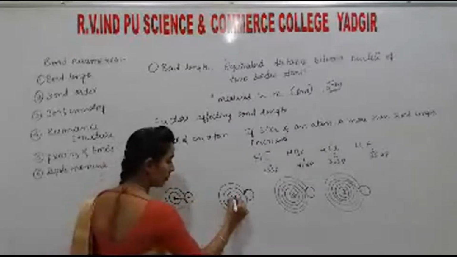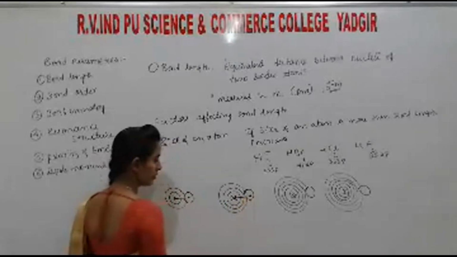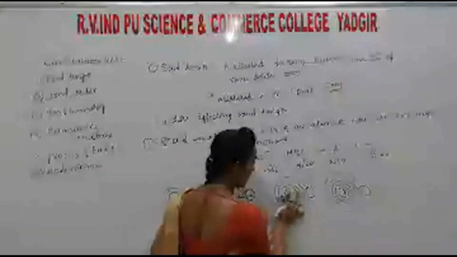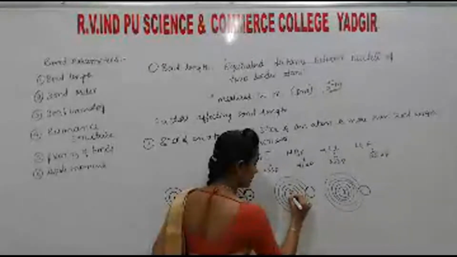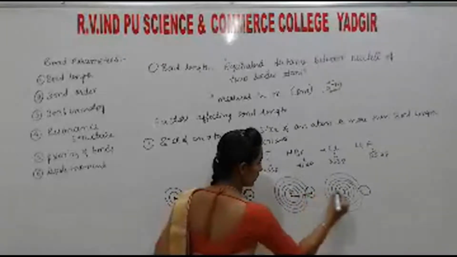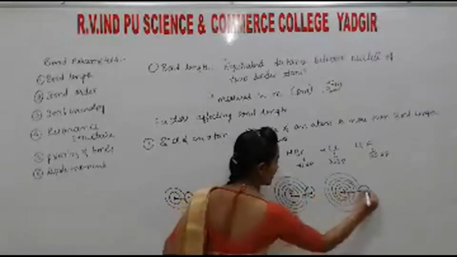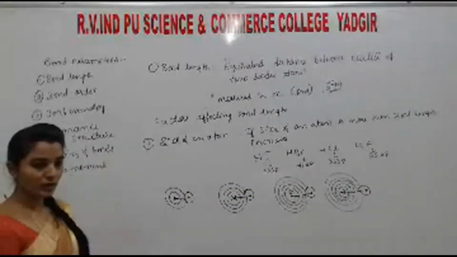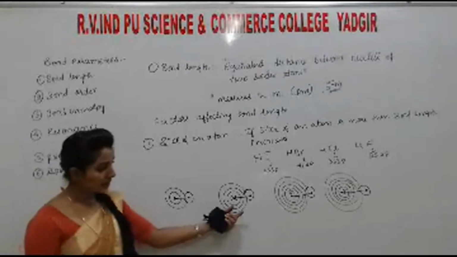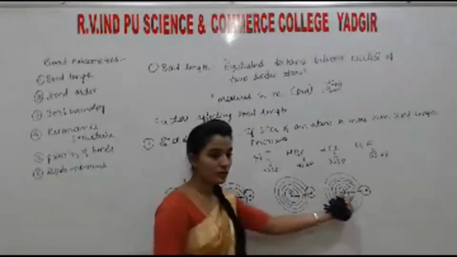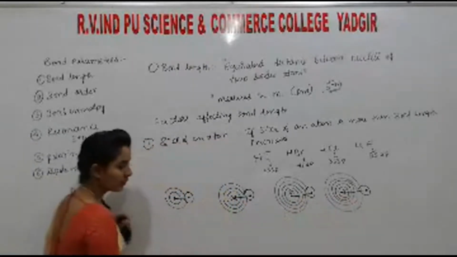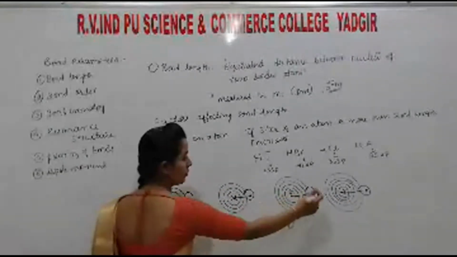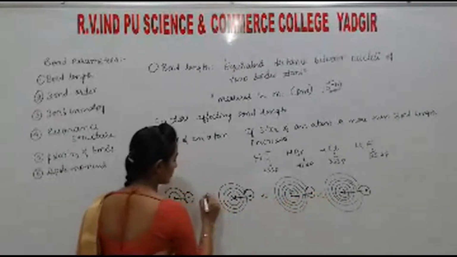Nucleus of chlorine is here, nucleus of hydrogen is here. Nucleus of Br is here, hydrogen is here. Nucleus of iodine is here, hydrogen is here. Okay, so now as the size increases, we are going to see the bond length also increases. Less, more. This is in this order.